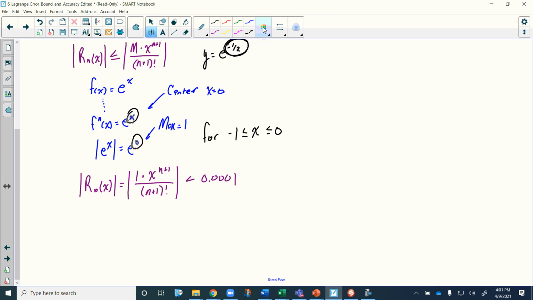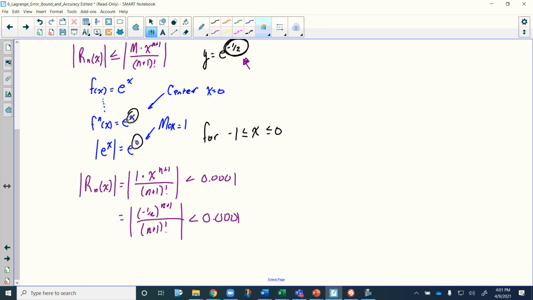The value of x in this case is negative 1/2. So here I'm going to have 1 times negative 1/2, but the 1 doesn't matter, over n plus 1 factorial. It has to be less than 0.0001.